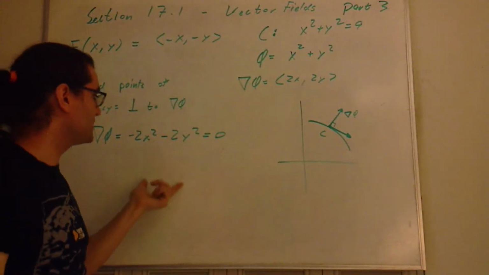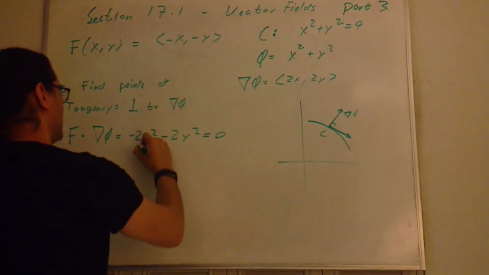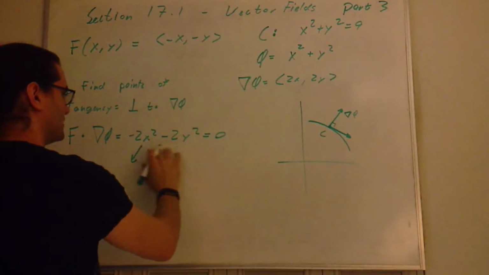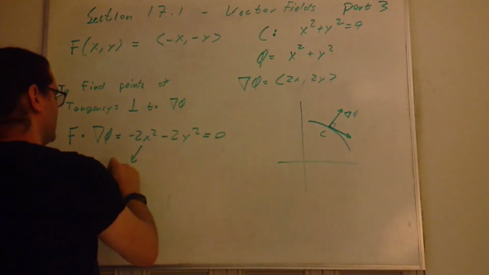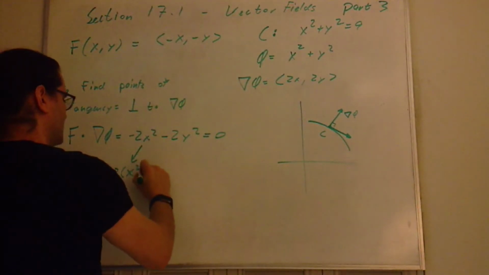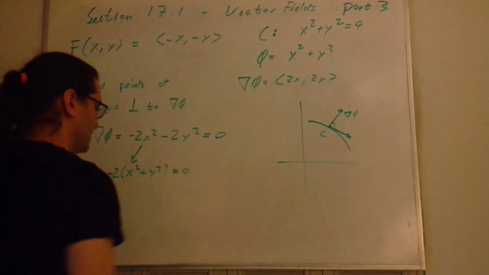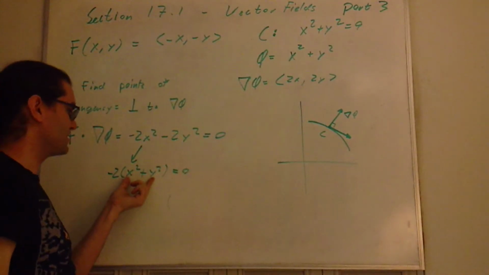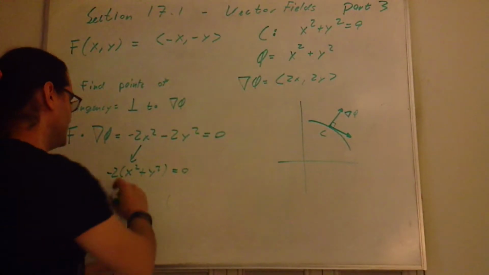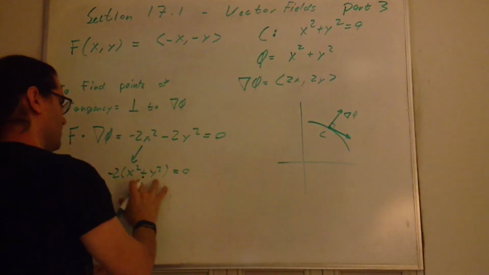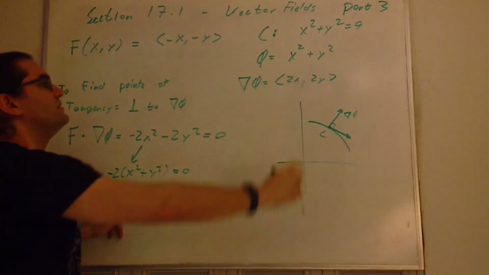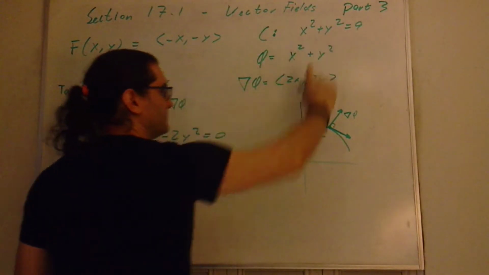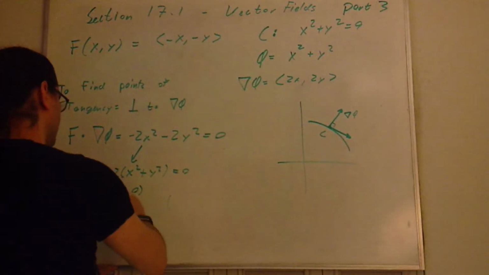There's two ways we can proceed from here. One is we can look at this function and say, the only way negative 2 times x squared plus y squared equals 0 is when x squared plus y squared equals 0. And the only way that happens is at the point 0, 0. 0, 0 is not on this curve. So we can say that doesn't happen.